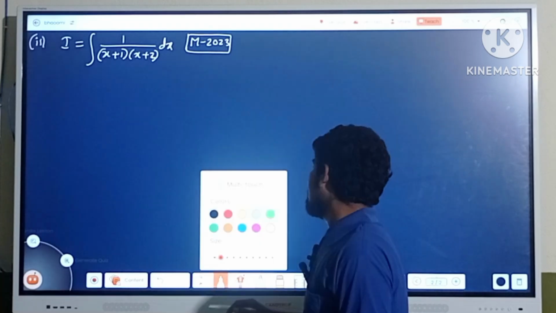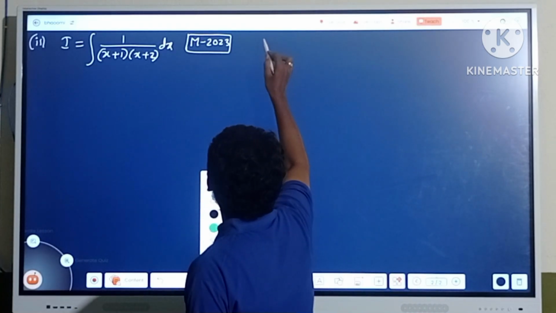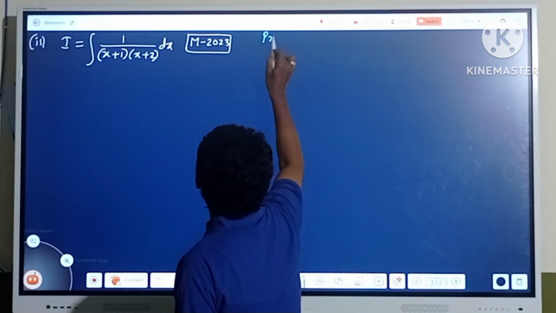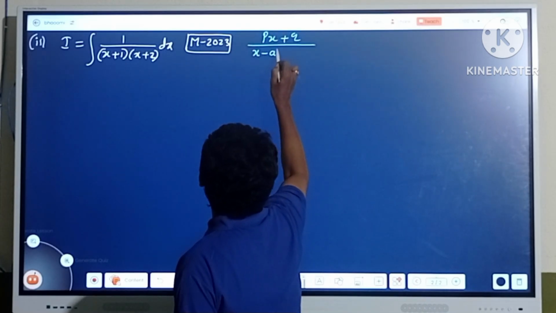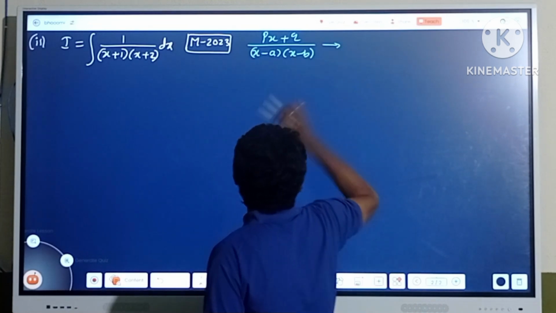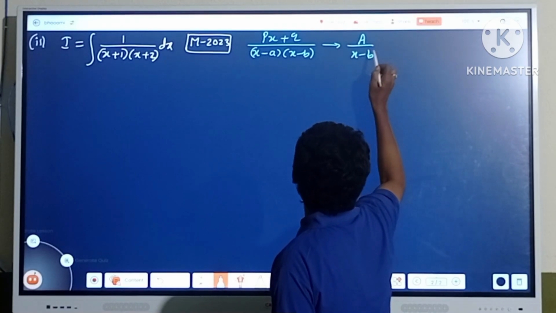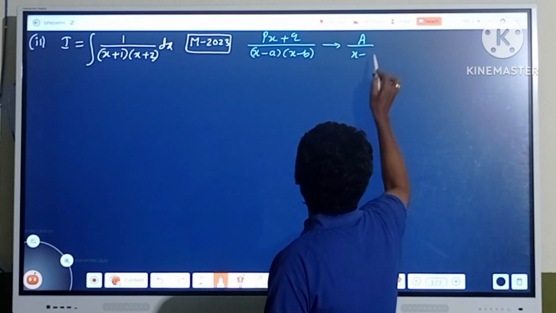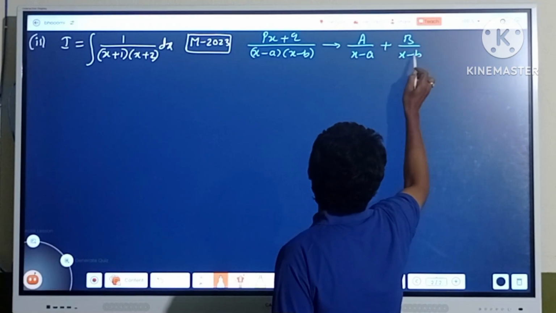Again, by using the same standard partial fraction format, that is px plus q divided by x minus a into x minus b can be expressed as a divided by one of the factors x minus a plus b divided by the other factor x minus b.